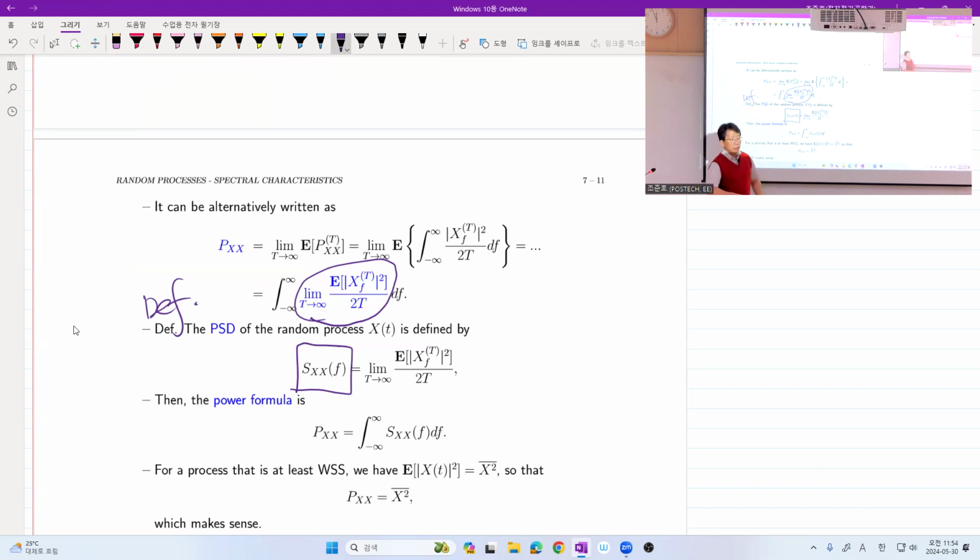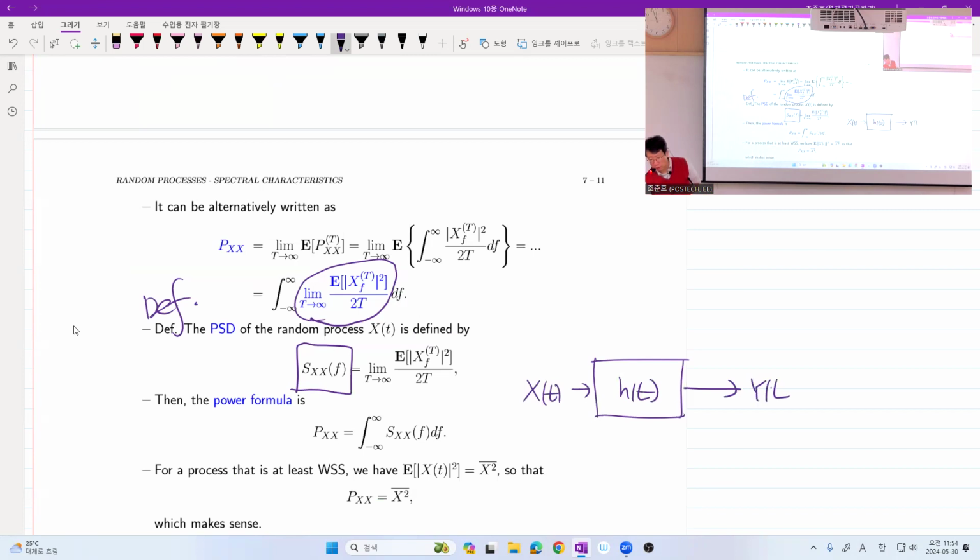And the reason why this name is fully justified is related to, again, the filtering of the random process. So you have a random process, X of t, and LTI filtering, and you have Y of t. And probably what you want to see is that the average power of the output is what?